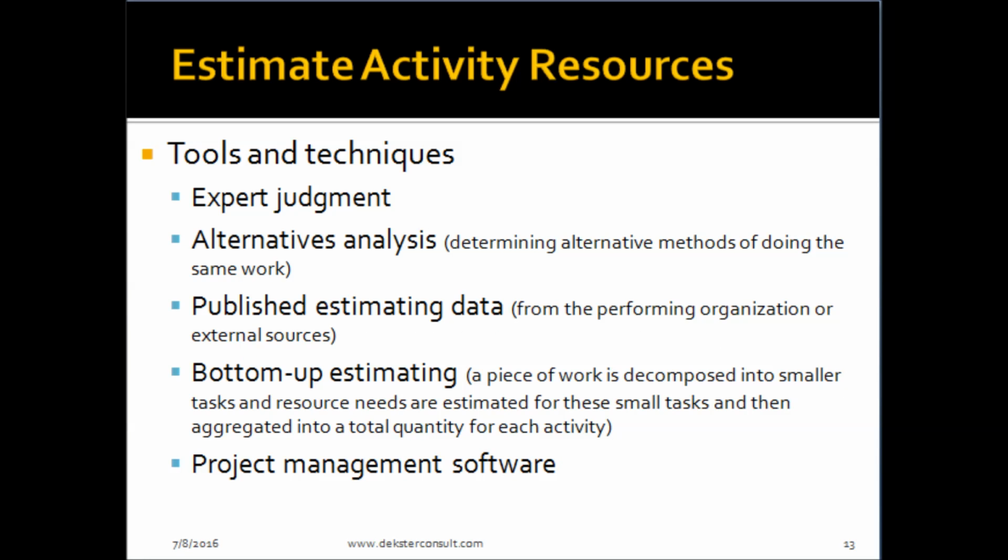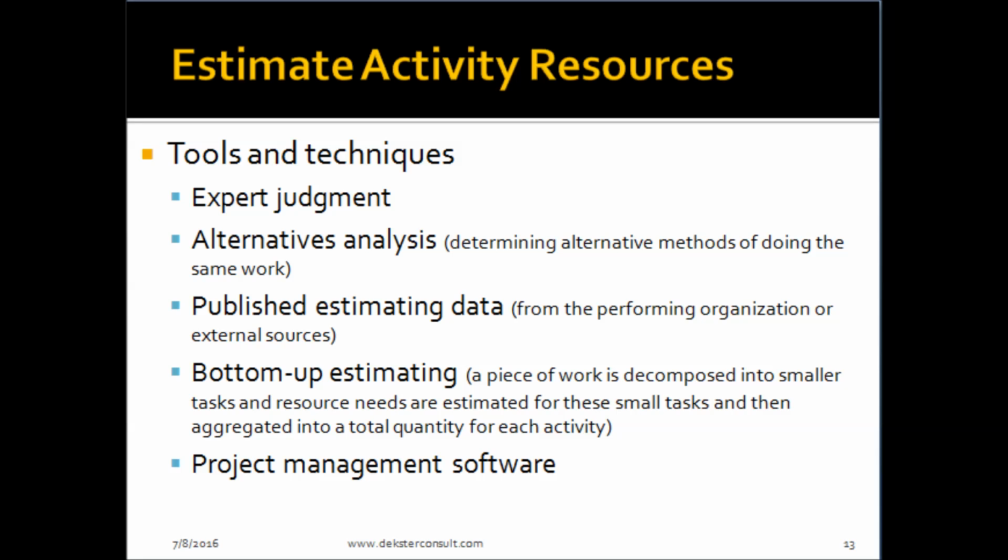Tools and techniques here could include expert judgment. Now, expert judgment is a necessary technique that we could always make use of in project planning. We always need the input of experts to make good planning decisions. Alternatives analysis, determining alternative methods of doing the same work. Published estimating data, which could be from the organization or from external sources.